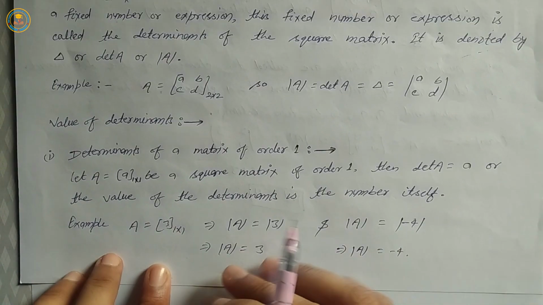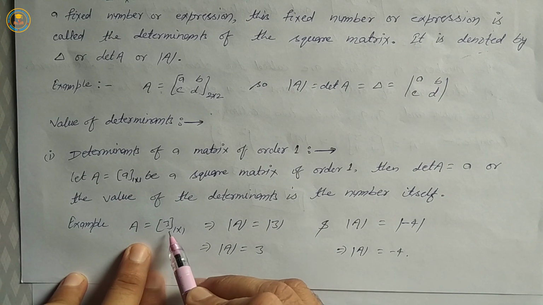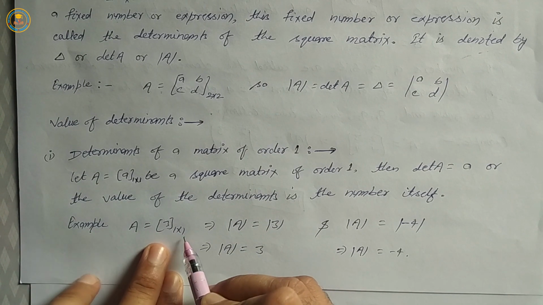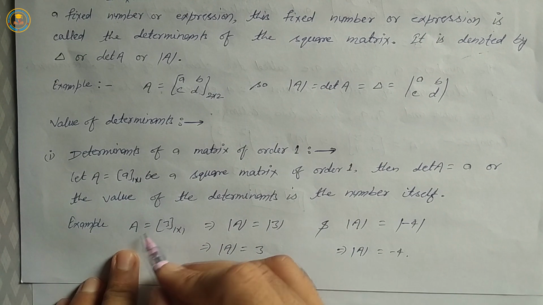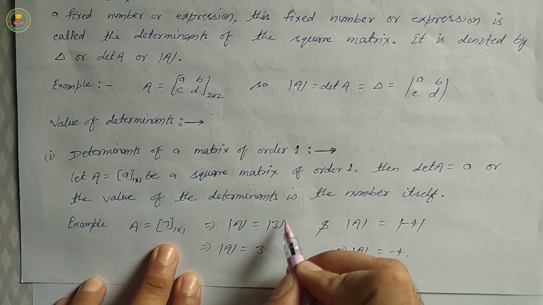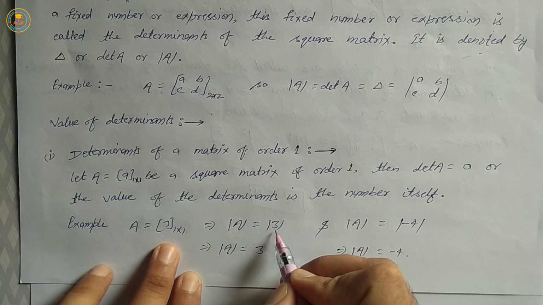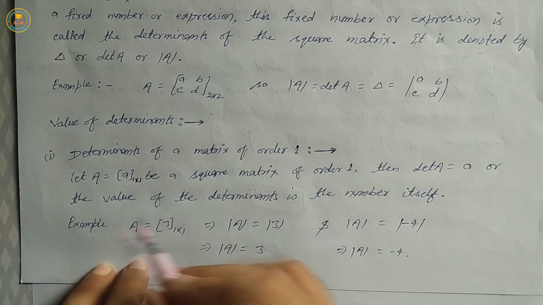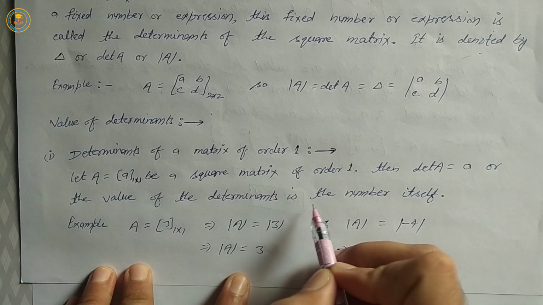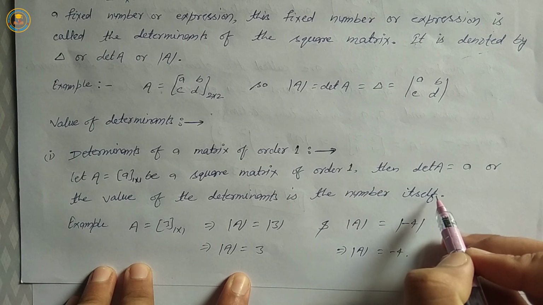For example, matrix A equals [3], 1 by 1, implies the determinant of A is equal to the determinant of 3, which is 3. It means the value of the determinant is the number itself.